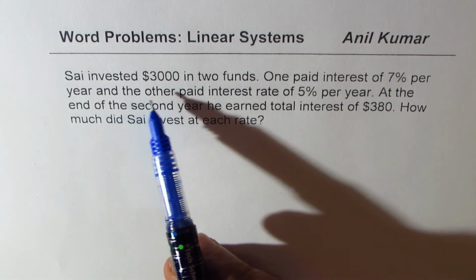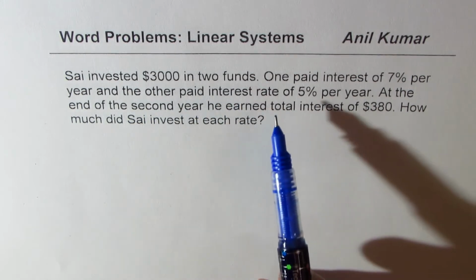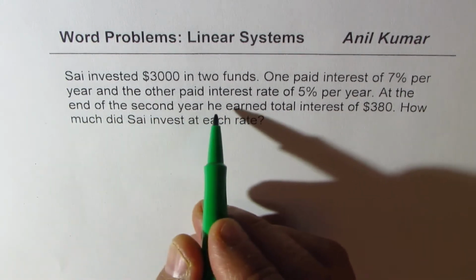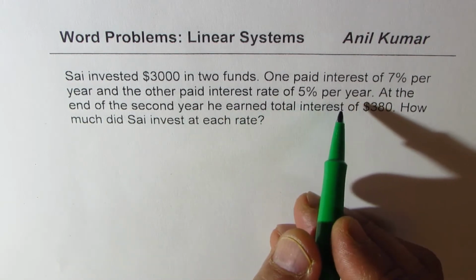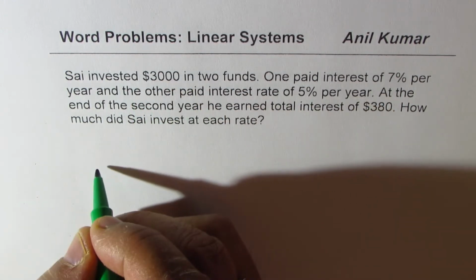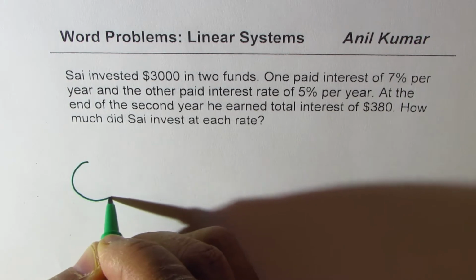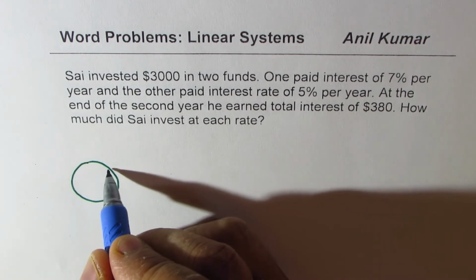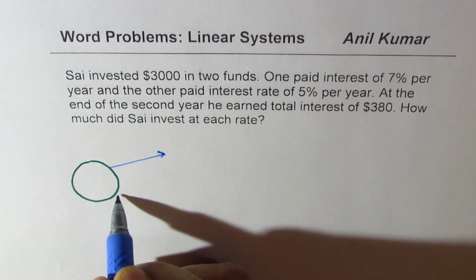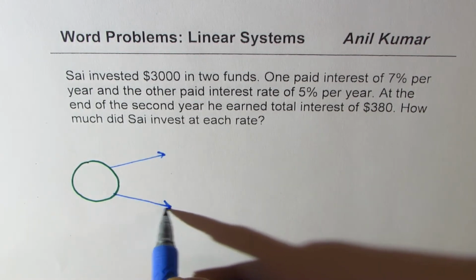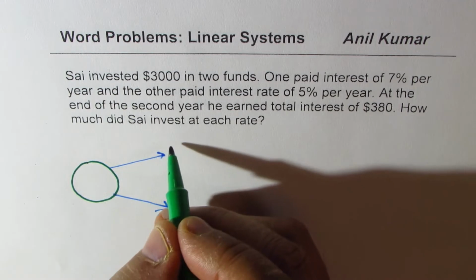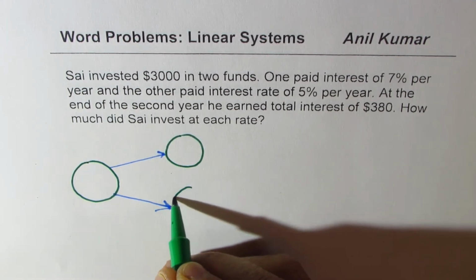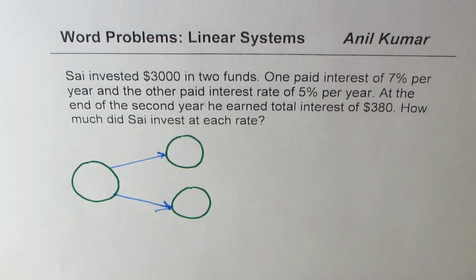Sai invested $3,000 in two funds. One paid interest of 7% per year and the other paid interest of 5% per year. So we have a big amount here. This amount is being invested in two different plans. So that is how you can represent this information.